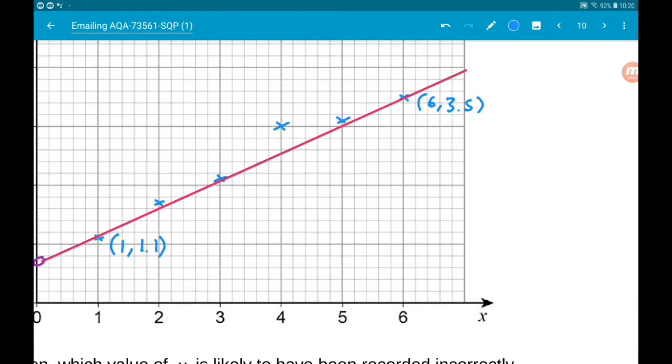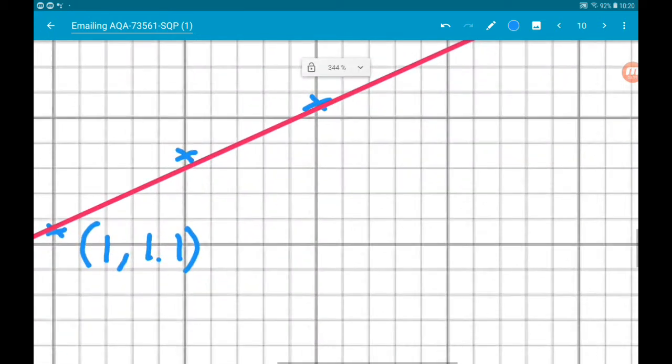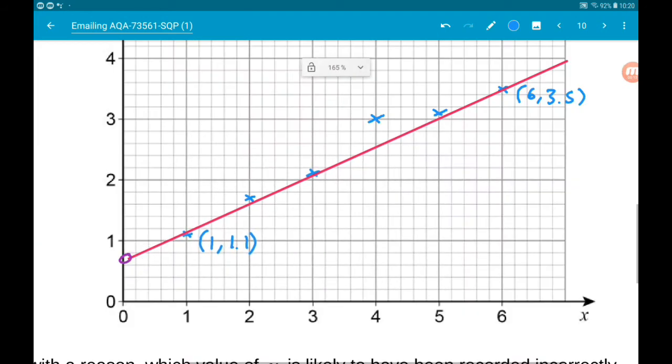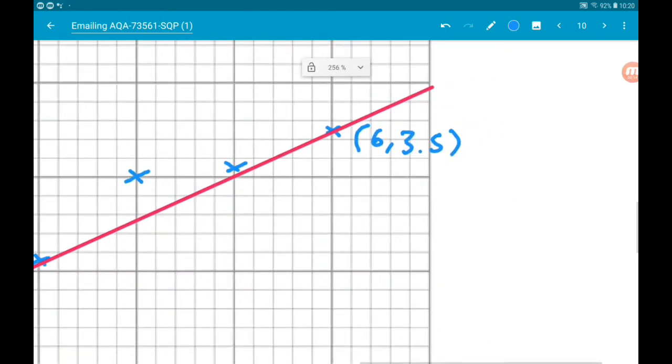Okay, so to find the gradient with this type of question, I always use the 2 points furthest away from each other. So I'm using 1.1 and 6, 3.5.